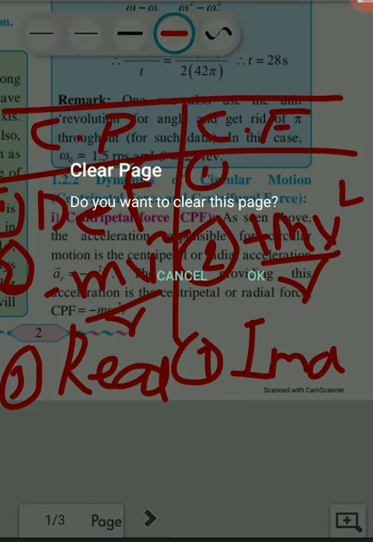In centripetal force we can say that an electron revolves in a circular orbit around the nucleus because of centripetal force, and in centrifugal force, when a car takes a sudden turn towards the right, then all passengers in the car experience an outward force towards the left. Okay, this is the comparison between centripetal force and centrifugal force.